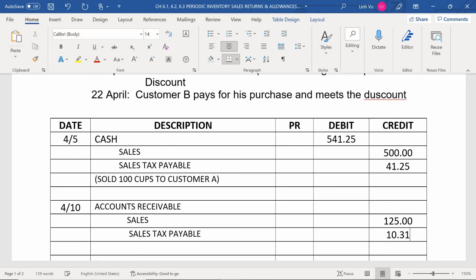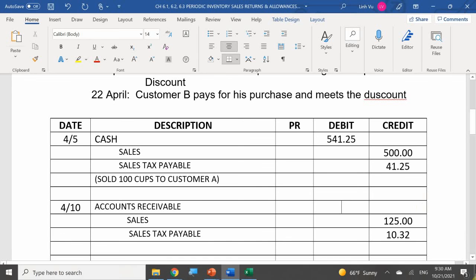$10.31. I think it's 32 because it's going to be 1.5. Yeah. Okay, so it would be 32. Anybody else want to double confirm that? It's 31.25.